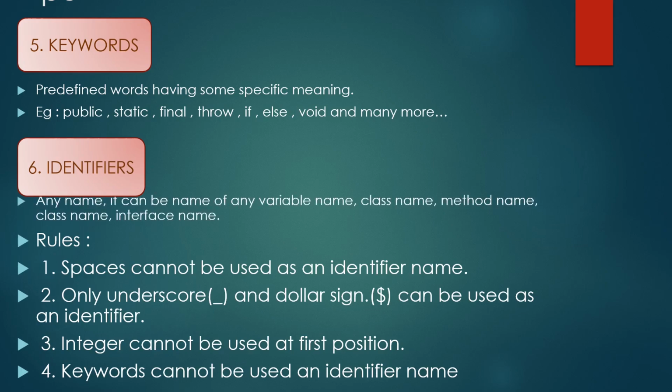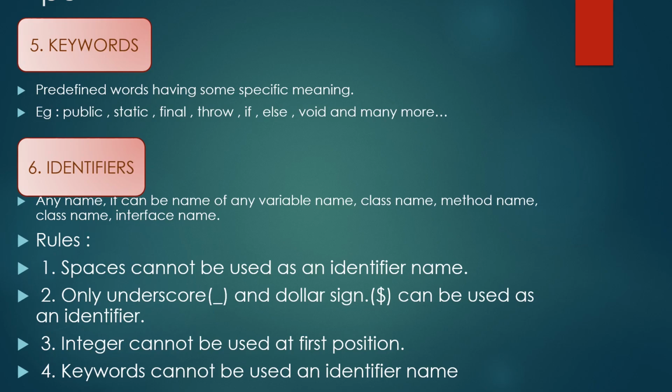Okay, now we will look at identifiers. An identifier is nothing but any name. It can be the name of a variable, class, method, or interface. Here are some rules related to identifiers. To declare an identifier, we must follow these rules: spaces cannot be used in an identifier name, only underscore and the $ sign can be used as special characters, and a digit cannot be used at the first position.